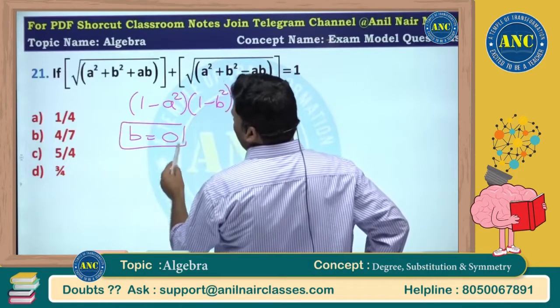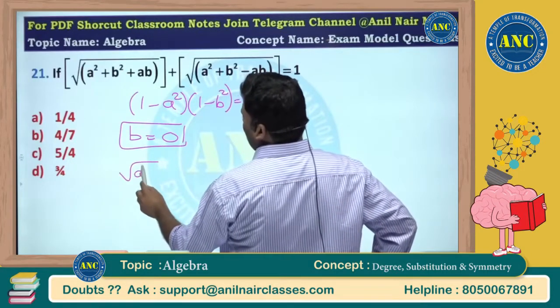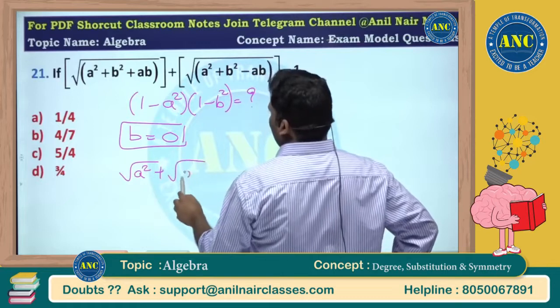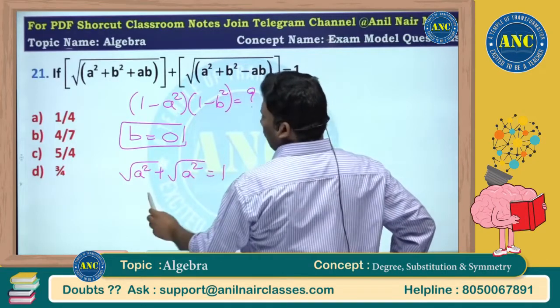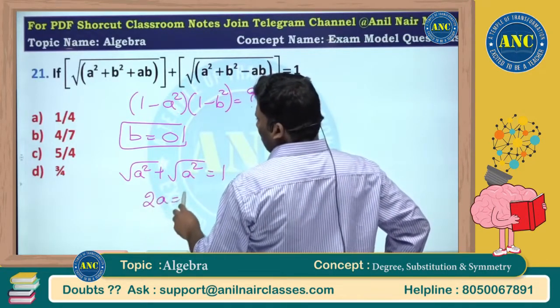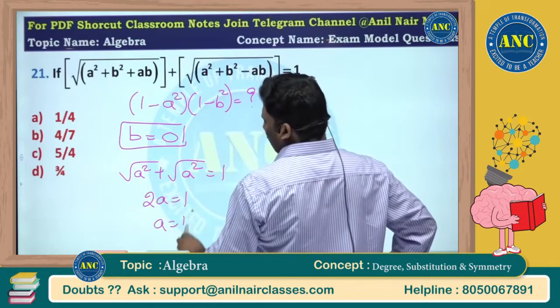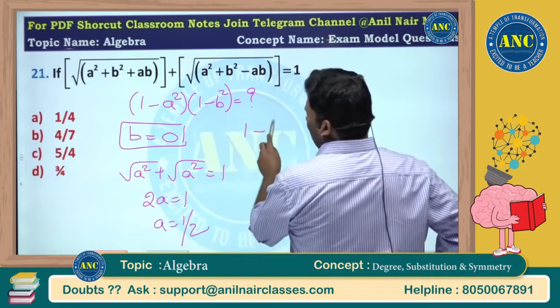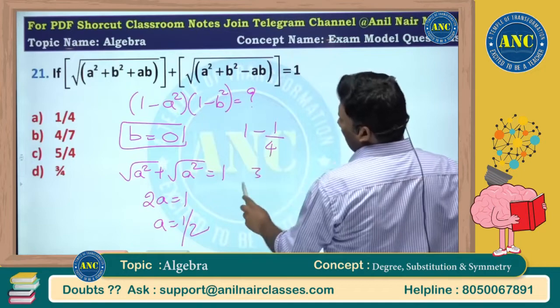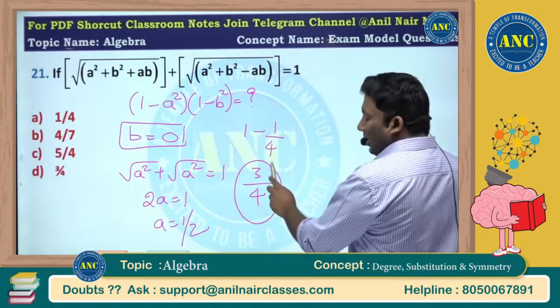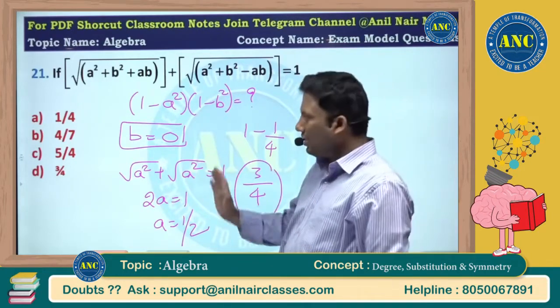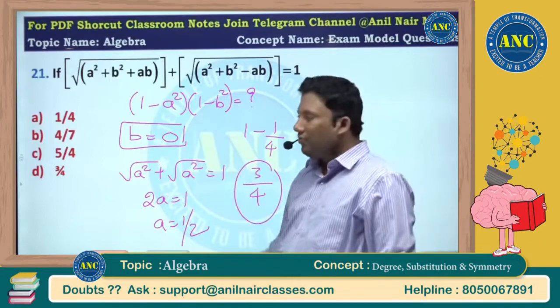If I make b 0, root of a square plus root of a square equivalent to 1, 2a equivalent to 1, a equivalent to 1 by 2. 1 minus 1 by 4, answer is 3 by 4. Very easy way of solving this question.